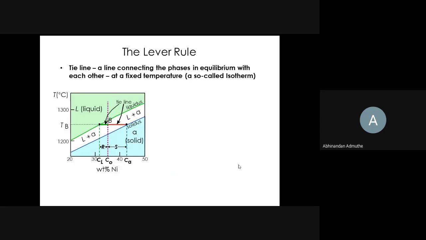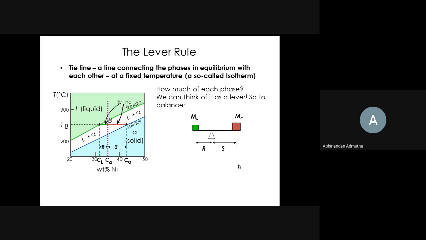So, the lever rule. A tie line connects the phases in equilibrium with each other at a fixed temperature, the so-called isotherm. How much of each phase is present, we can think of as a lever, so as to balance.